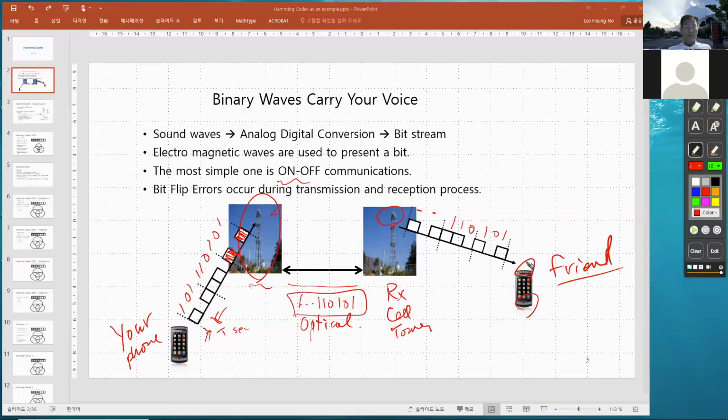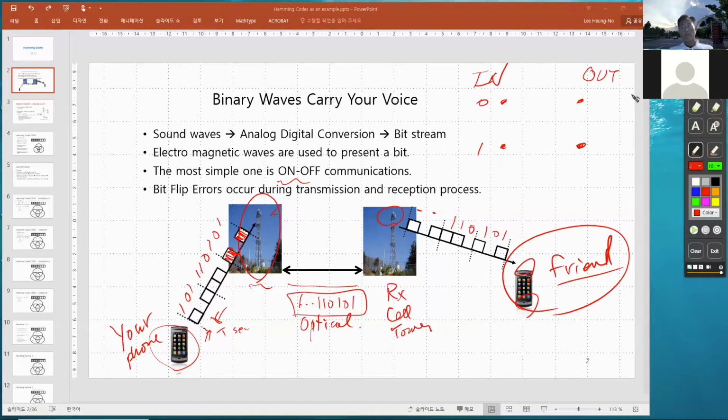And here, this channel from your phone to your friend's phone is going to be statistically modeled this way. Let's say at the input, you have 2 alphabet elements, 0 and 1.